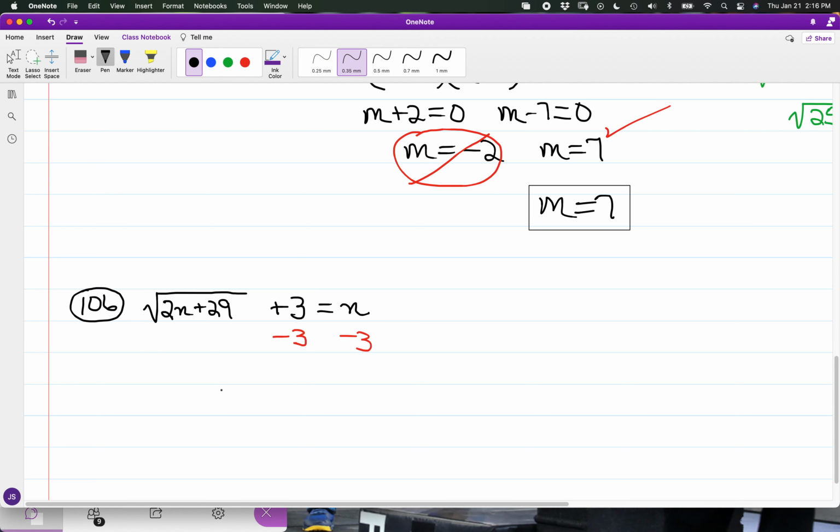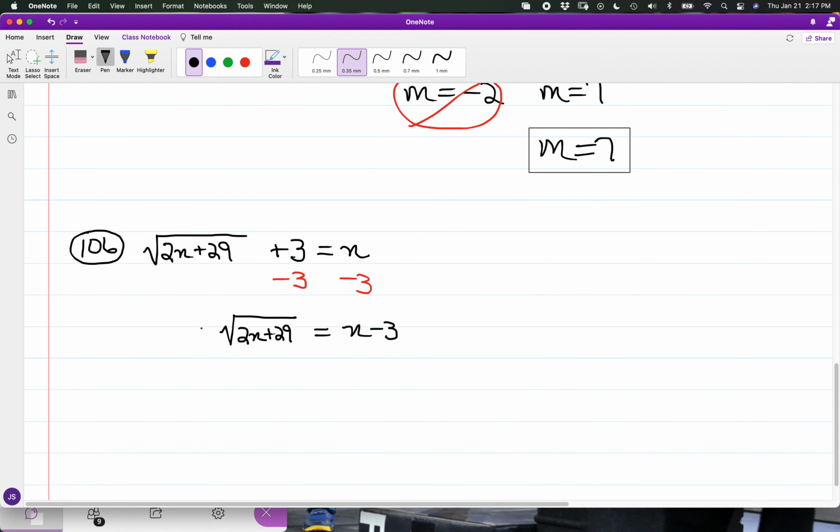So this will leave us with the square root of 2n plus 29 is equal to n minus 3. And once again, we look at squaring both sides.